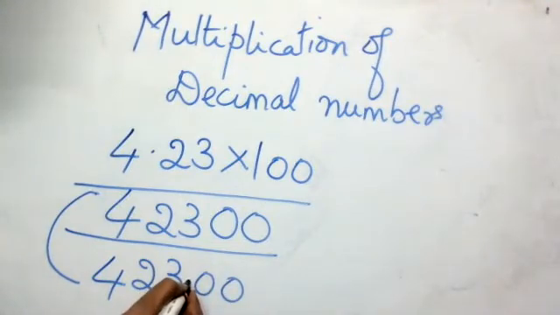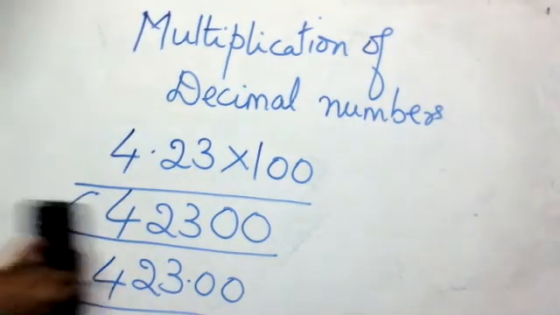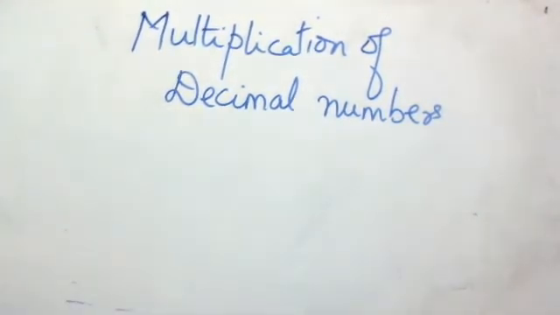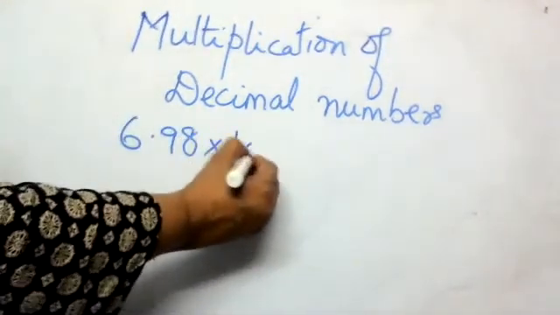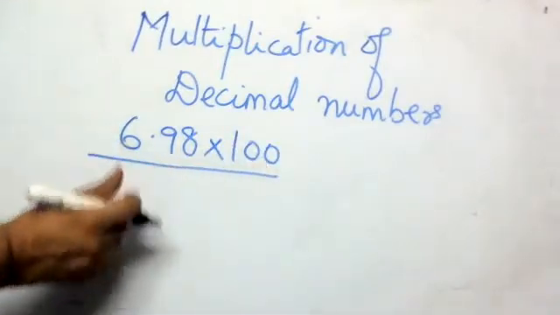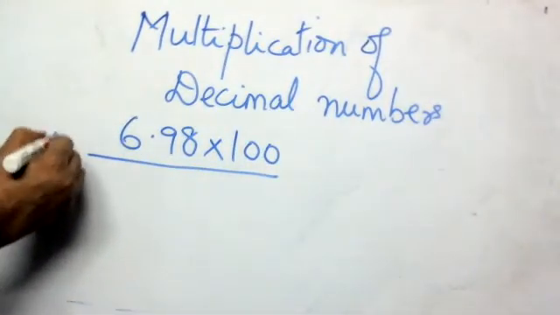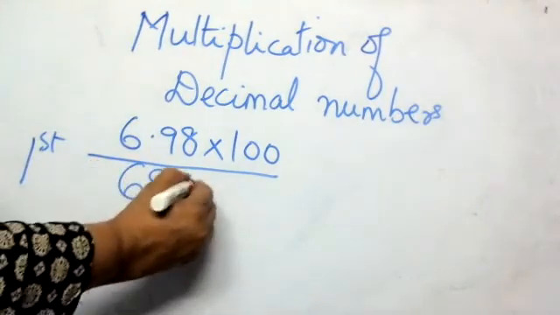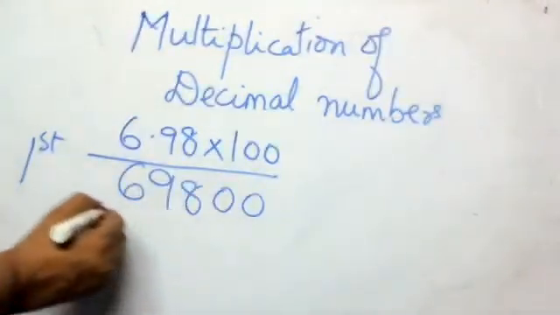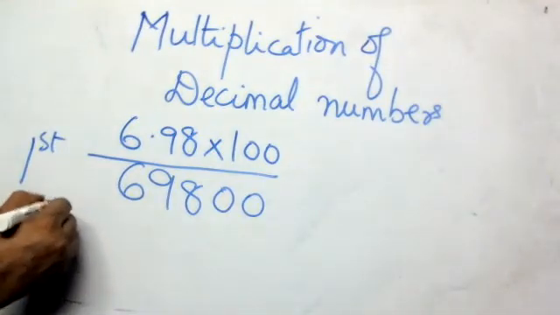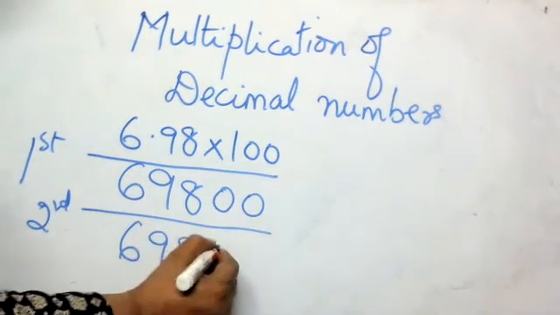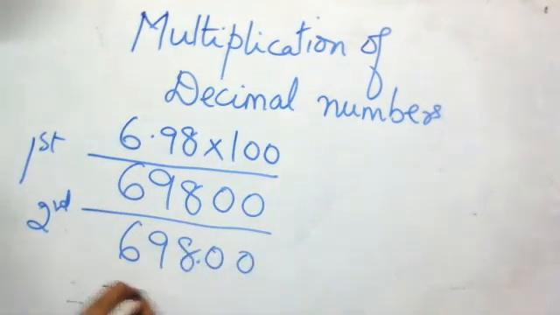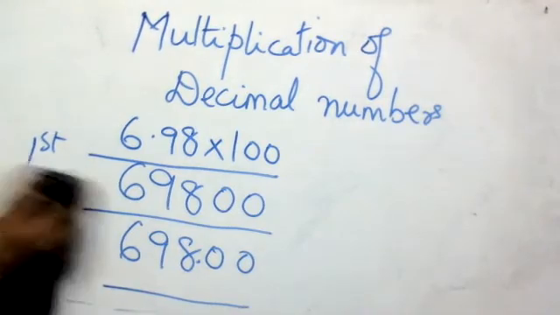After two places from the right side. One more sum I will give you. 6.98 into 100. First step, write the number as it is. Second step, putting of the decimals, after two places from the right side. Answer is 698. Okay, that is decimal multiplication.